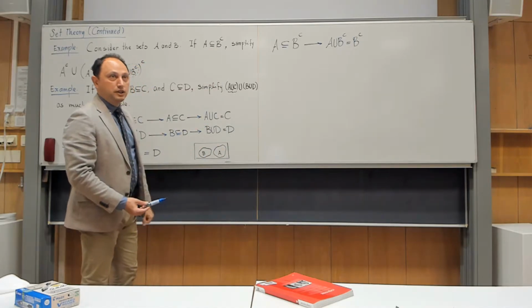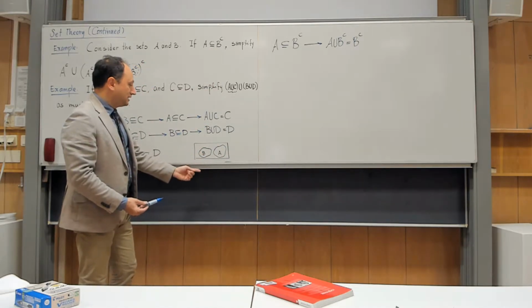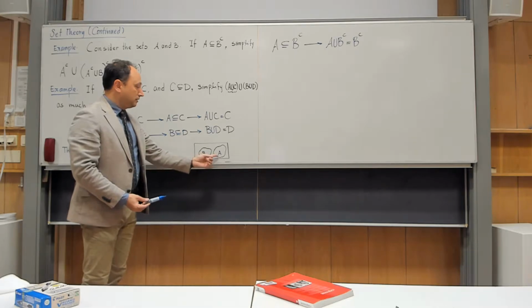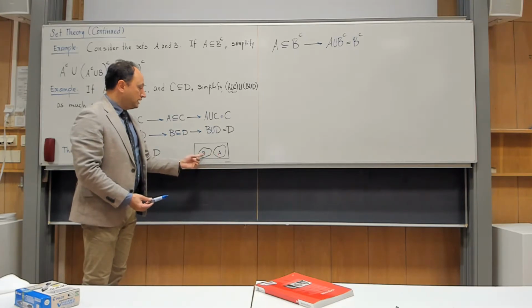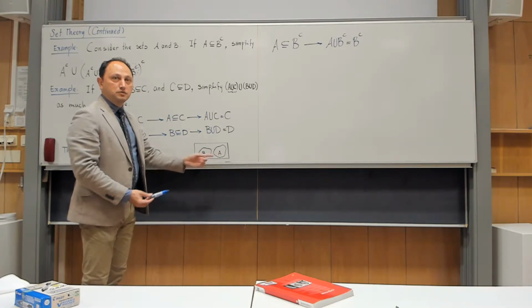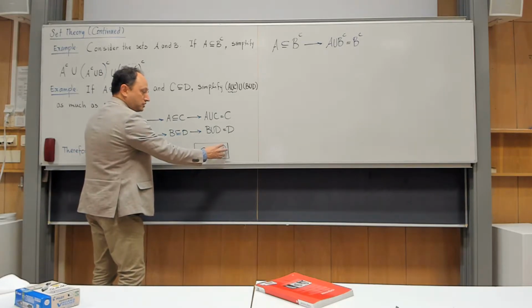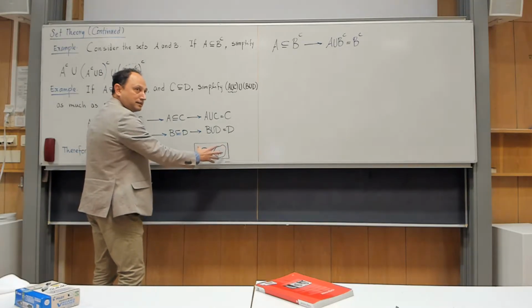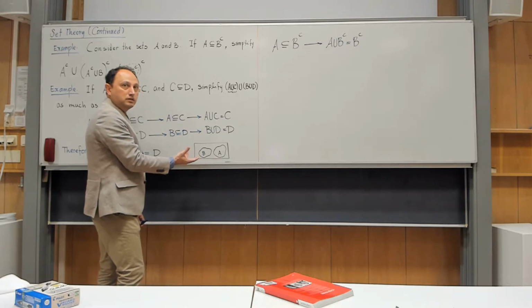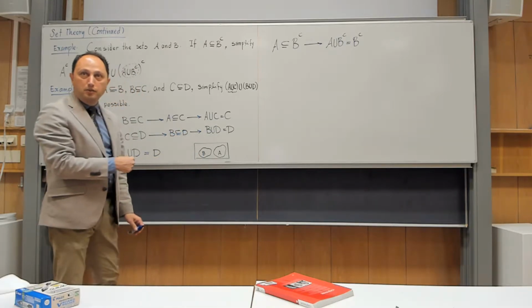So A should be somewhere here. Then it is clear that B is a subset of A complement, yes? Because A complement would be outside A, it automatically contains whole B.